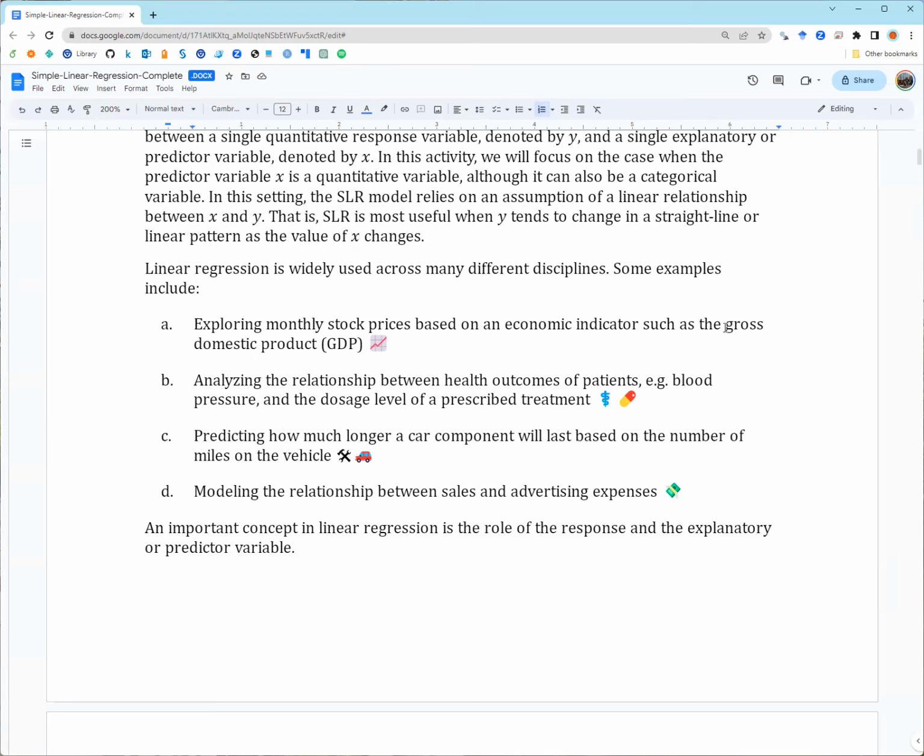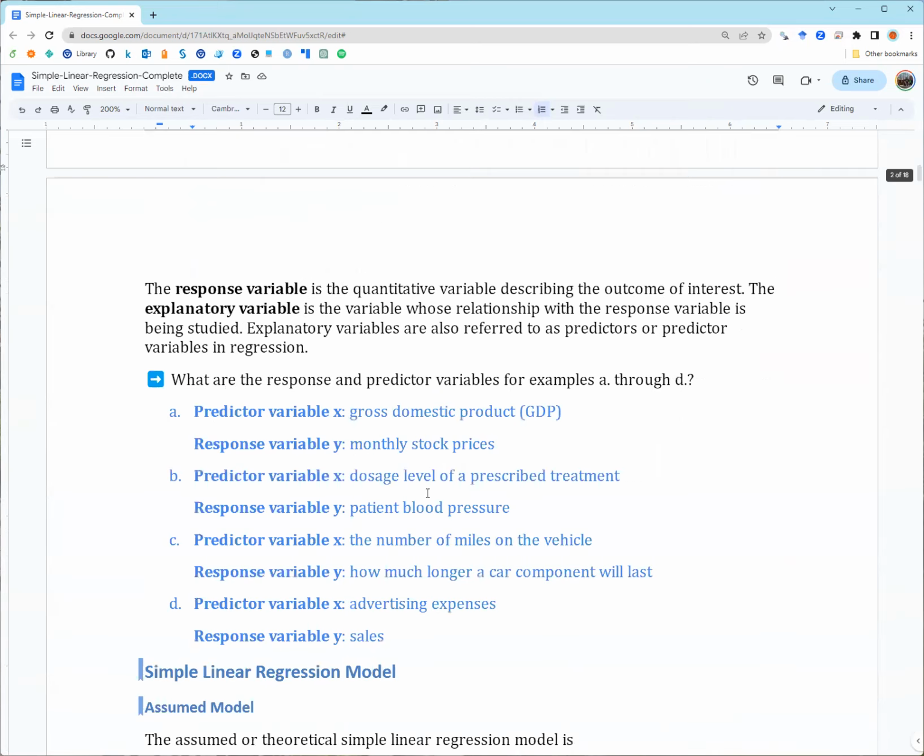If the economy is doing better, maybe we measure that using GDP, we would expect the stock prices to go up. Probably doesn't always hold true, but in general, this maybe is a rule of thumb. So as the GDP goes up, which is our predictor variable, we expect the stock price to go up.